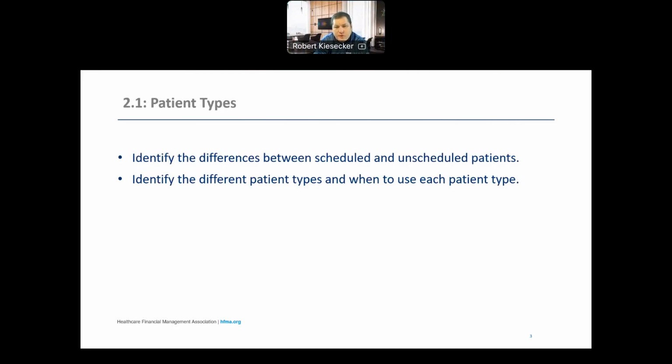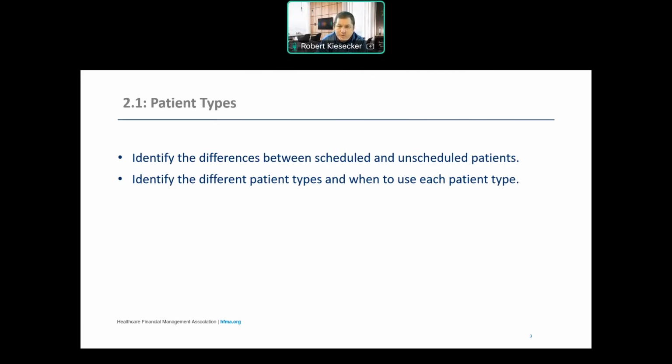You've got scheduled patients and you've got unscheduled patients. You've got patients that are coming into an acute setting. You might have inpatients, you might have observation. But it's important that you understand the differences in these patient types and what they mean for a healthcare organization.